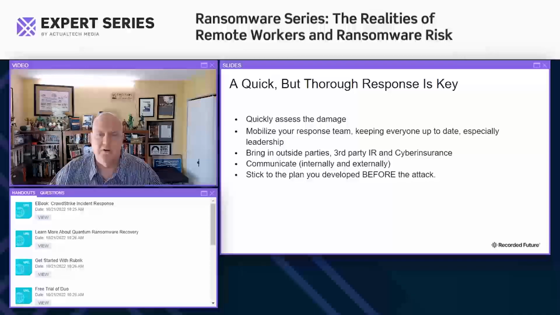Again, communicate internally and externally. This is really important. I was involved in one incident response where a ransomware attack was stopped before it could do any damage, but out of an abundance of caution, the organization took off some of the potentially impacted servers while they were doing some investigation, and a vendor called into the help desk saying, hey, we can't reach such and such.